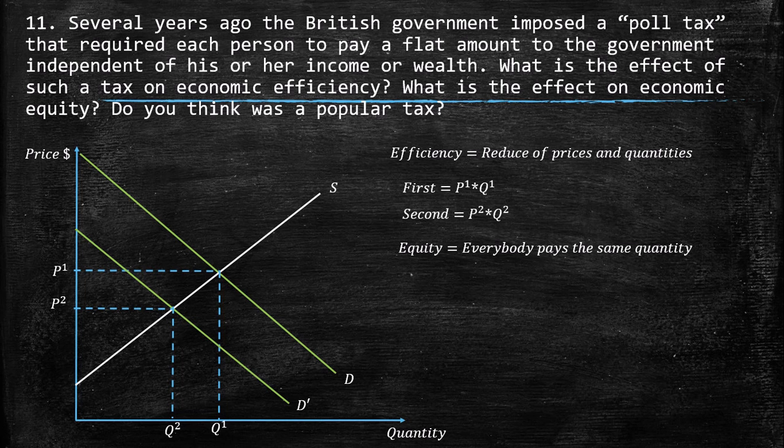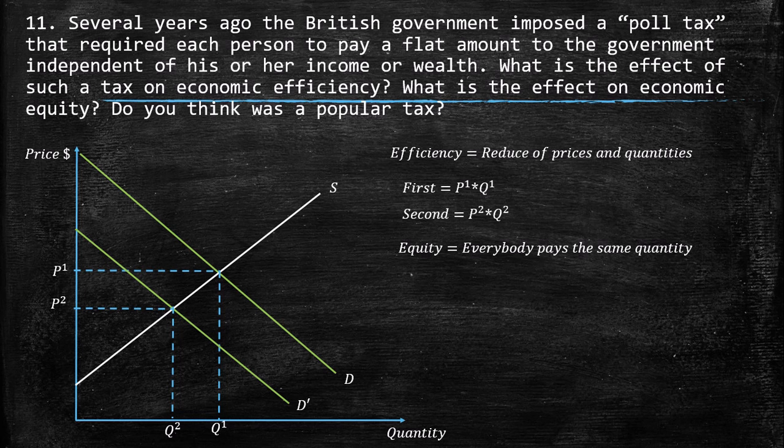What about equity? Everybody pays the same quantity. So what does it mean? It means basically that poor people, in relation to their salary, will be charged more than rich people, because it is not comparable: people who have really high incomes just pay 100 pounds, and when you compare with the poor people, they have to pay the same 100 pounds.